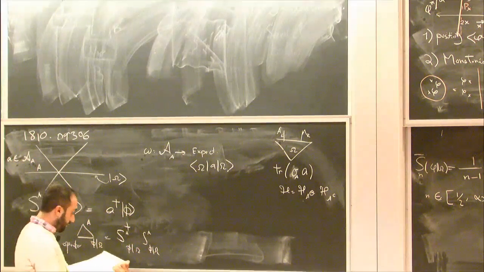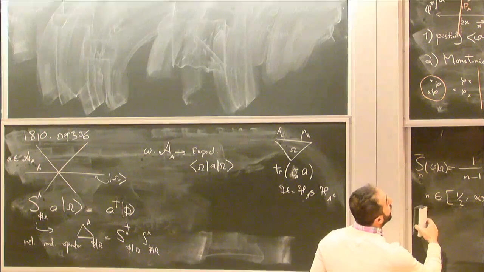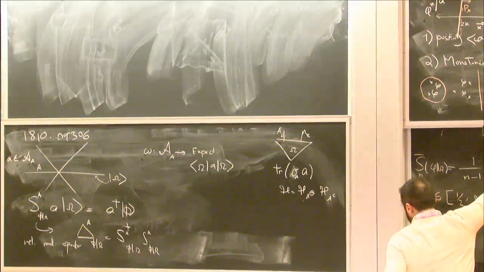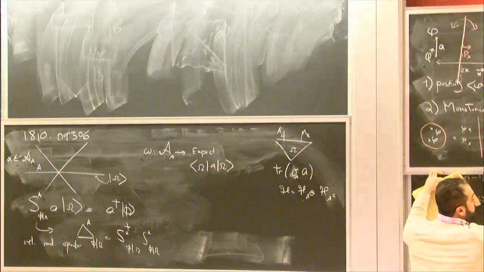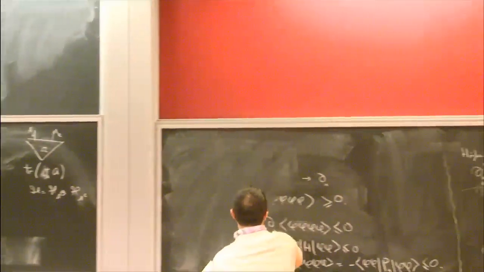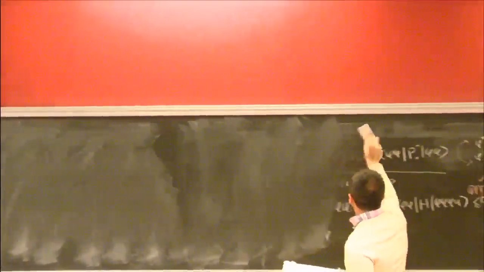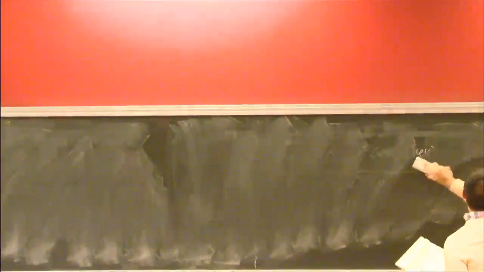Now consider the following setup. Consider the algebra of region A and the algebra of, well, actually, I want B to be larger.